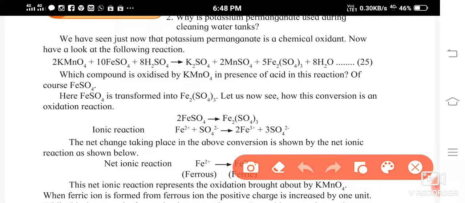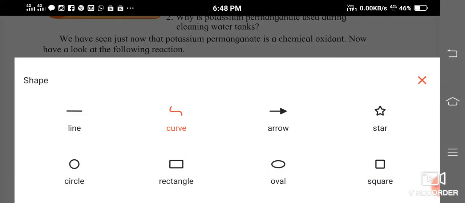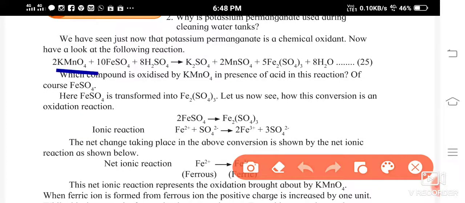Now see, they have given you the reaction: KMnO4 plus ferrous sulfate FeSO4 plus sulfuric acid forms K2SO4, potassium sulfate, plus MnSO4, manganese sulfate, plus Fe2(SO4)3.